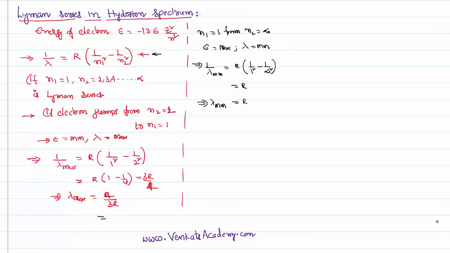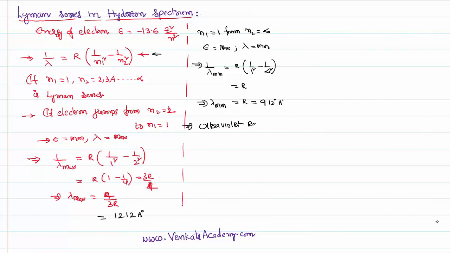If you calculate these values, lambda maximum is around 1212 angstrom and lambda minimum is around 912 angstrom. Both of these are before the visible region, so the respective wavelengths are in the ultraviolet region.